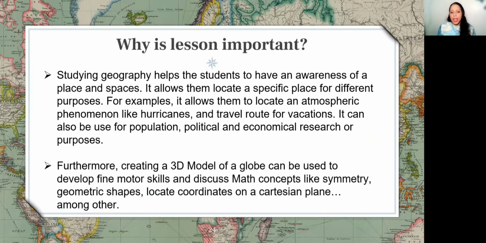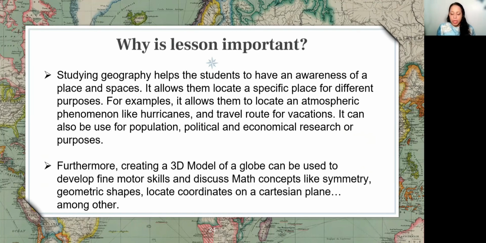And creating this type of activity that is a little bit more physical or kinesthetic helps the student develop fine motor skills like cutting, coloring, pasting, and to discuss different concepts. For example, for math class, you can use this activity to discuss symmetry, 3D or geometric shapes, or to locate coordinates on a Cartesian plane, among others.